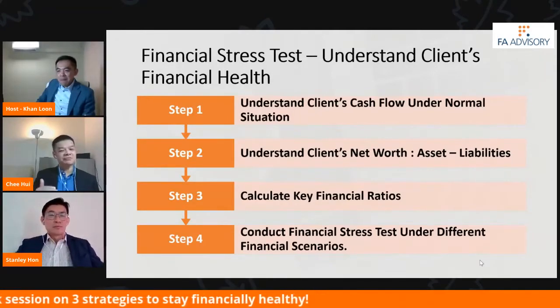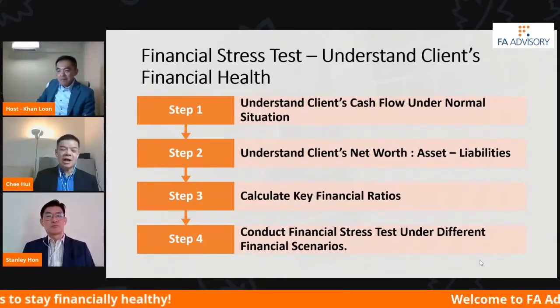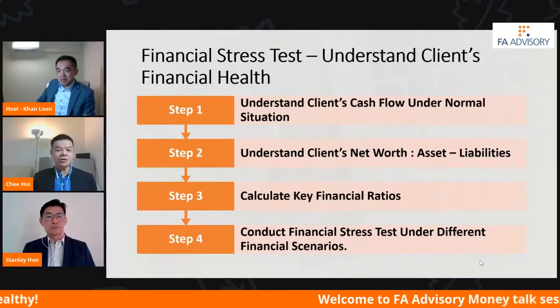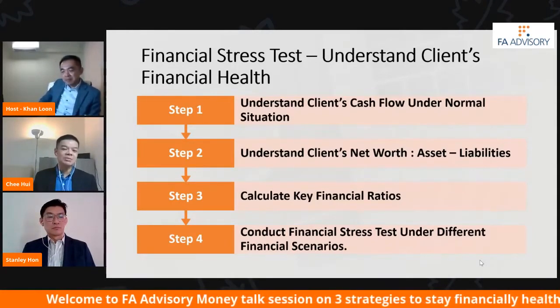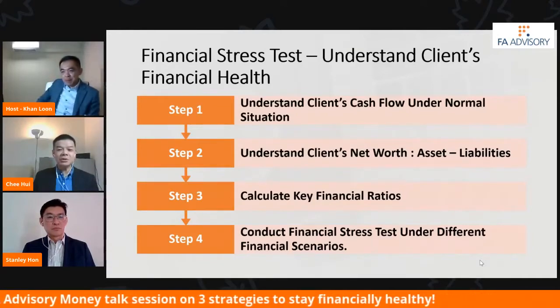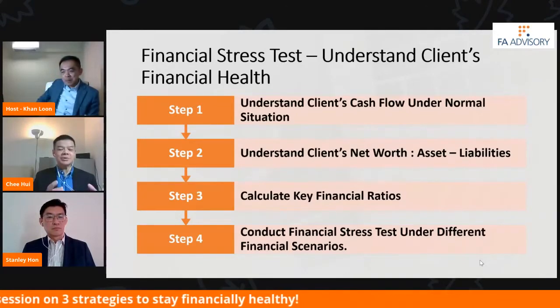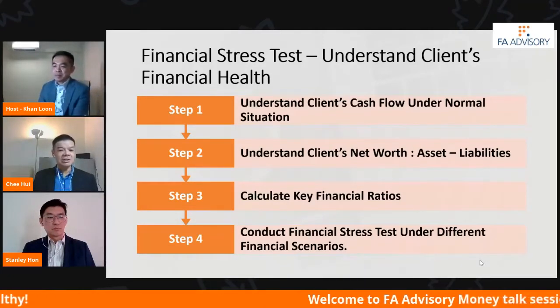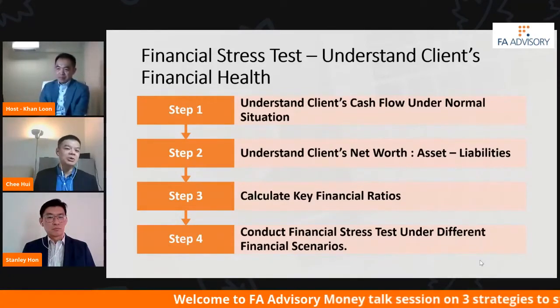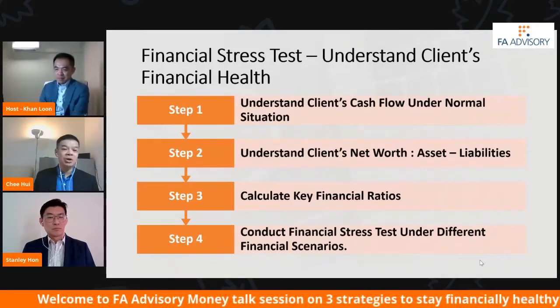Okay, then how about your expenses? Every one of us has fixed expenses like home loan, car loan. You have your household expenses, tuition fees for your kids, transport, all this. So after looking at your cash flow by using the income minus the expenses, do you have positive cash flow or not? Under normal situation, not under this situation.